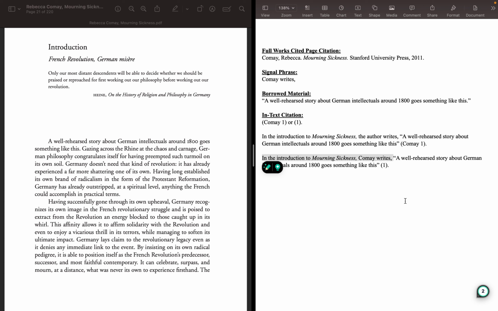In the introduction to Morning Sickness, Comey writes. And again, if I wanted to, even though it's technically unnecessary, I could do that if I wanted, okay? So I hope this brief introduction helps. Again, we will discuss this more. If you have questions, please email me or we can discuss it in class later this week.